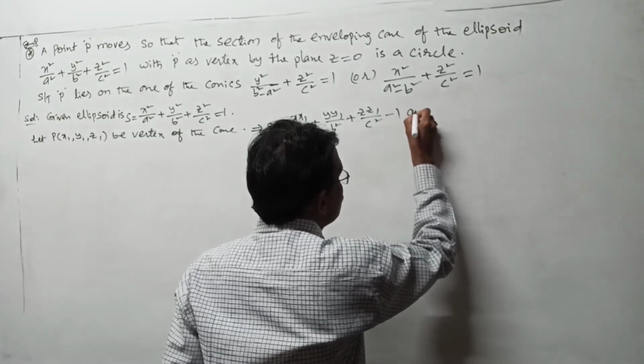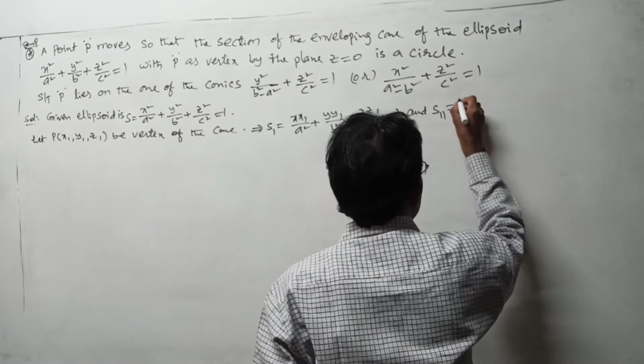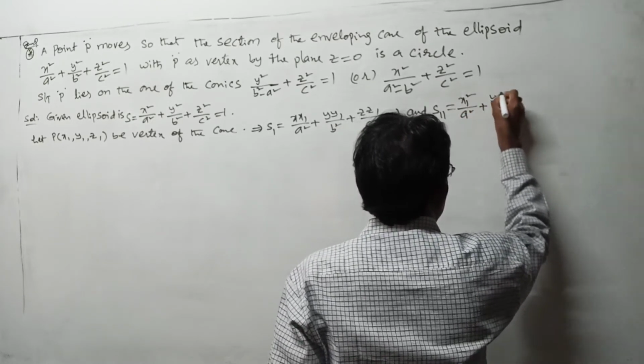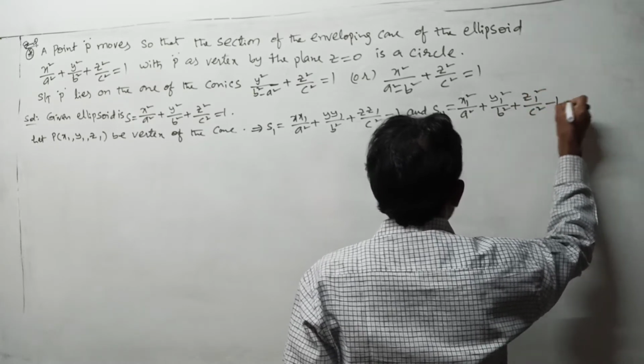And what is S11? You can replace x with x1, y with y1, z with z1: x1 square by a square plus y1 square by b square plus z1 square by c square minus 1.